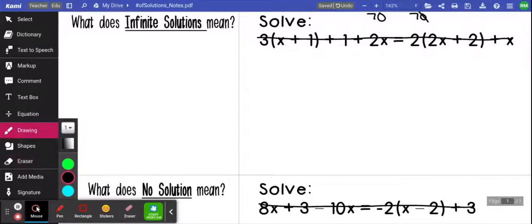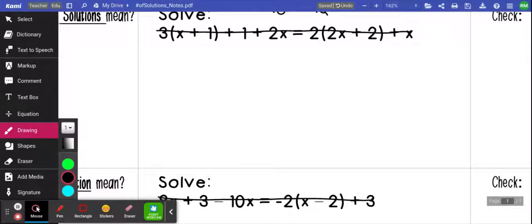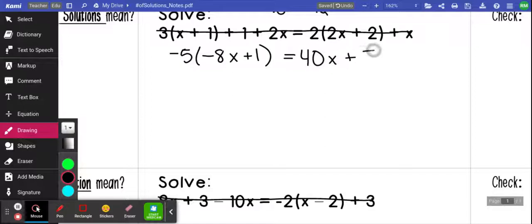So again, we're going to change the problem. Here's what I have for this problem. No, not +5, that's -5.